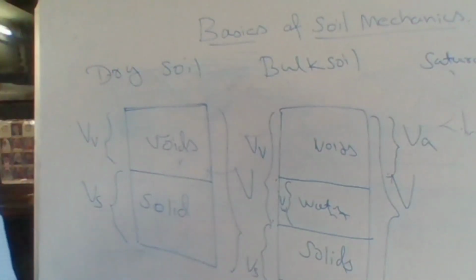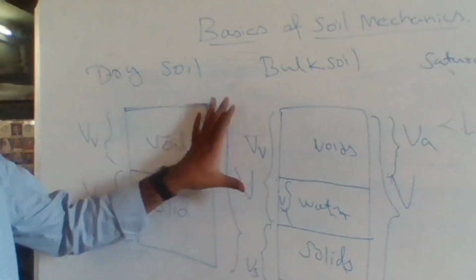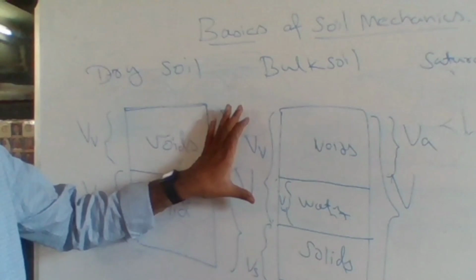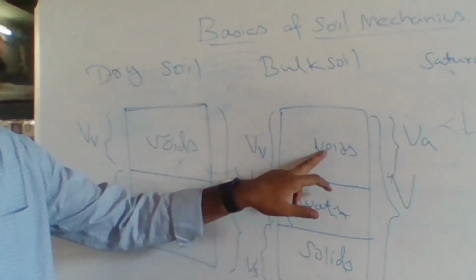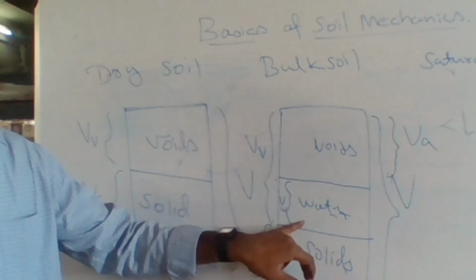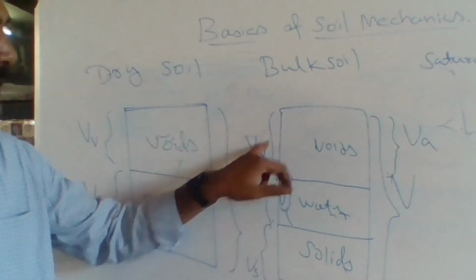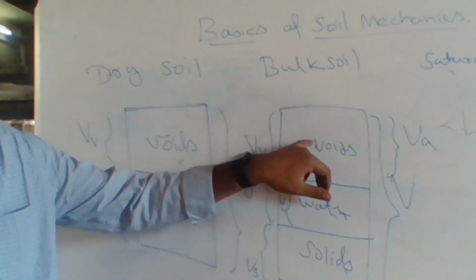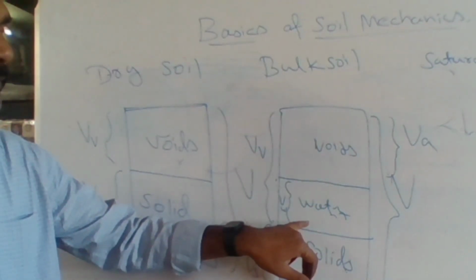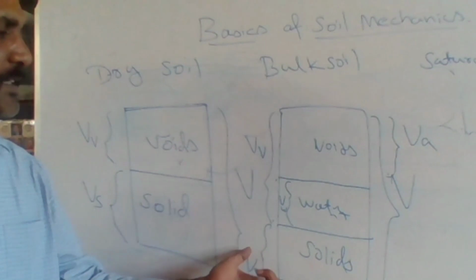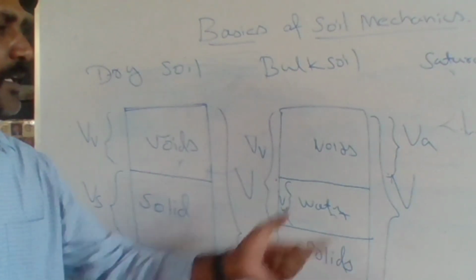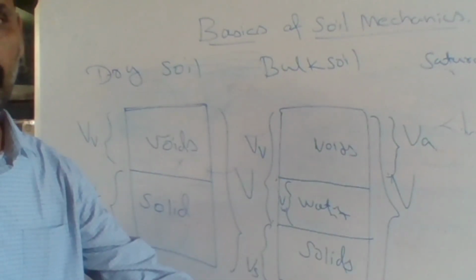There is no difference. So here the volume of voids includes the volume of air and water. VV consists of the volume of air and volume of water. There is no difference in the solids, VS, so there are no issues. And here is the total volume.